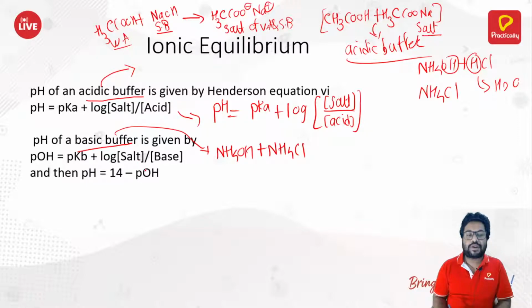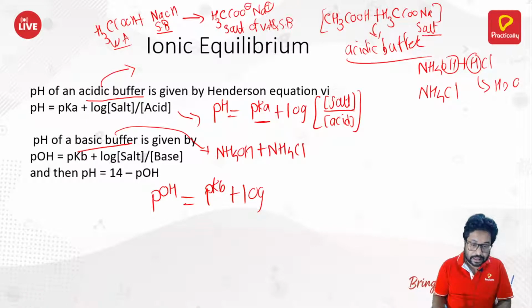What is the formula for a basic buffer? How can we find out its pH? Firstly, it's a basic buffer, that is why you can find out pOH only. pOH is equal to the same formula as for the acidic buffer, pKb here, since it was pKa there because that was an acid. This is a base, so it's pKb plus log of the concentration of salt divided by base.